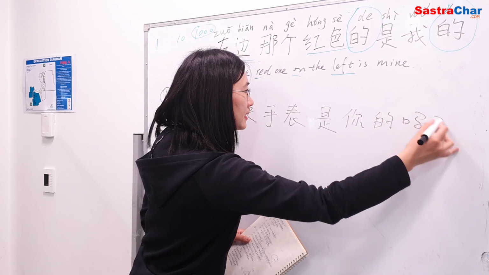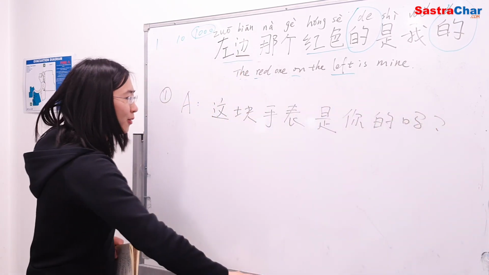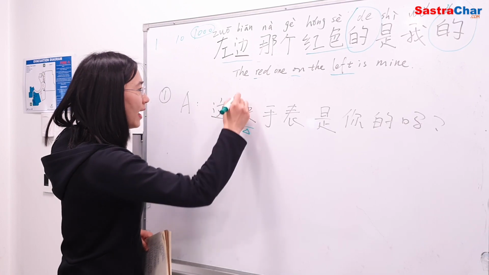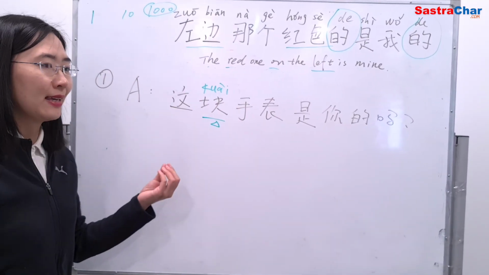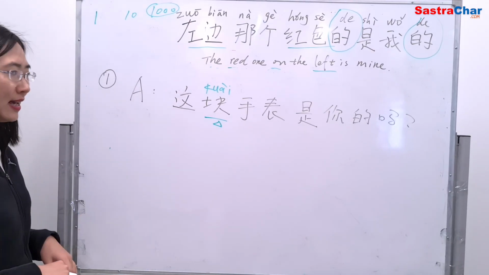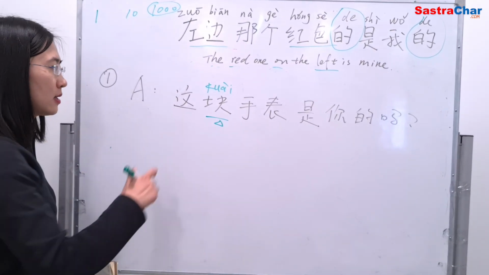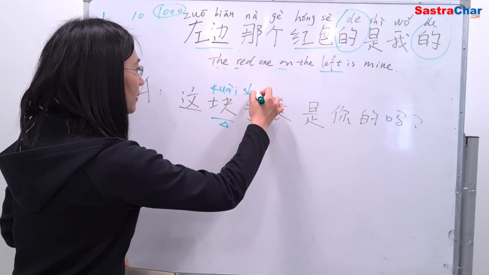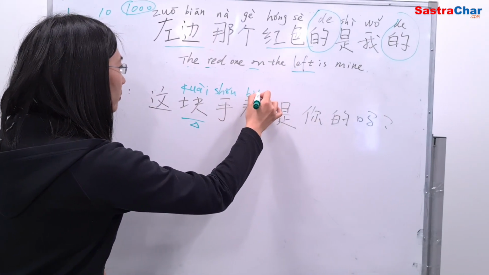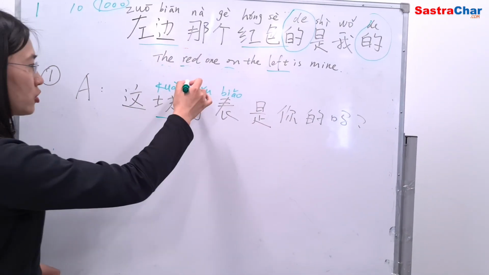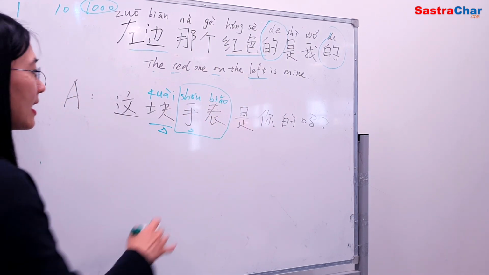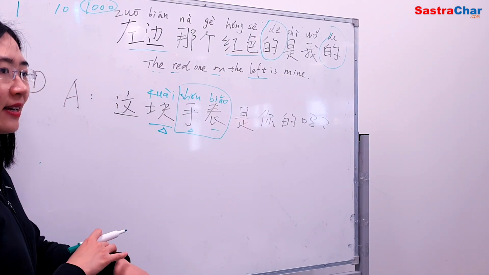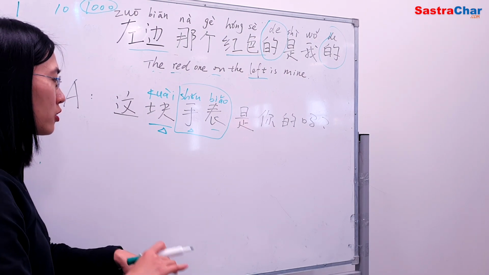Okay, so for this sentence, you can see we have the measure word 块, right? 块 for something flat and small, like a piece of something. So 这块 and 手表 is our new word. 手表 is the watch. 手 means hand, and 表 means on the surface, or it can also mean watch.